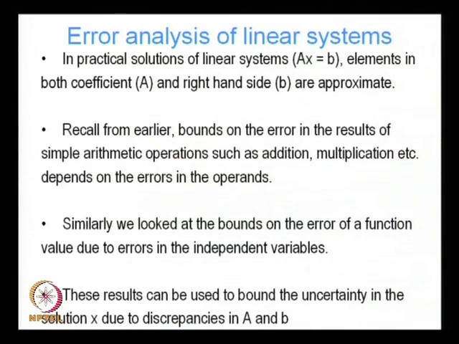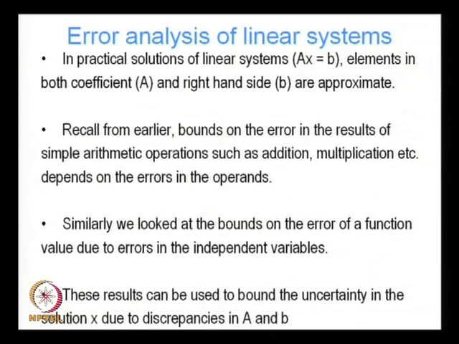These results can be used to bound the uncertainty in the solution x due to discrepancies in A and b. So, due to discrepancies in A and b because of errors, we want to find out what will be the maximum possible error in x.